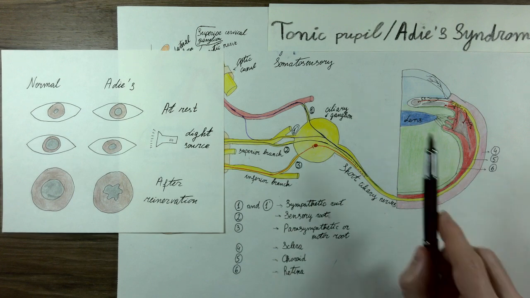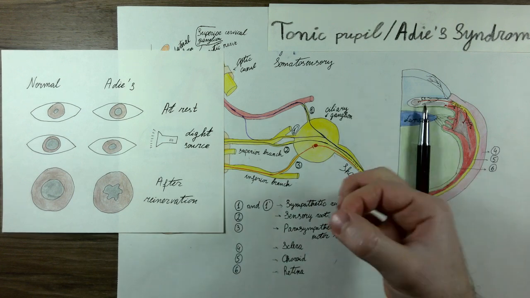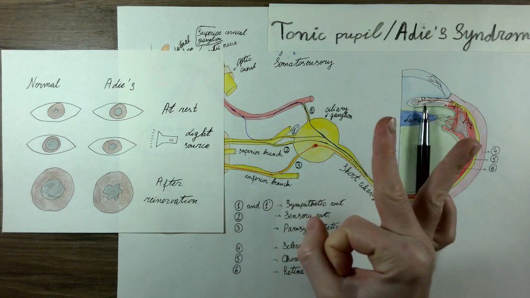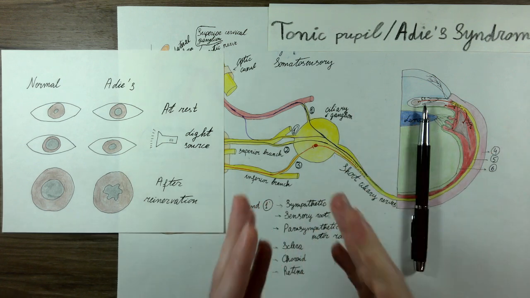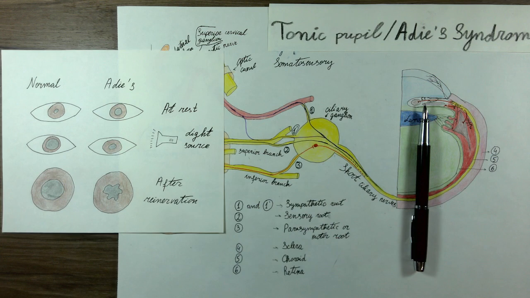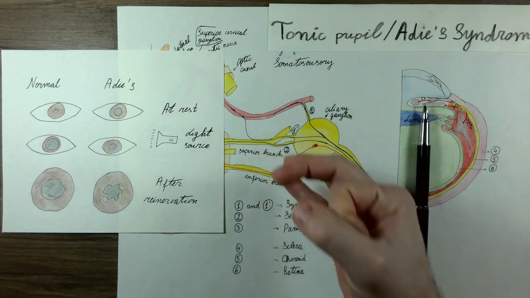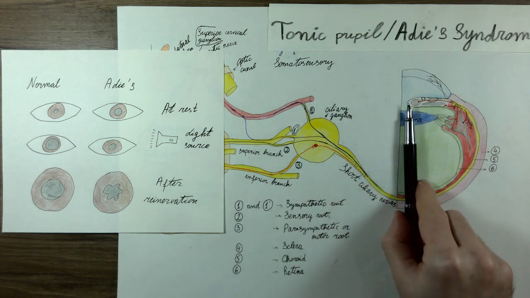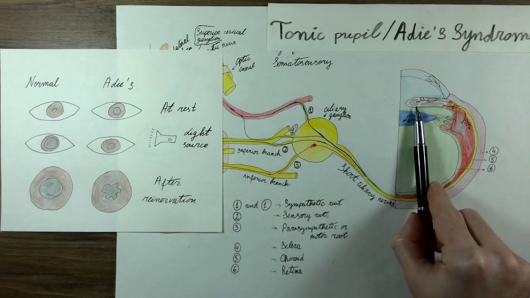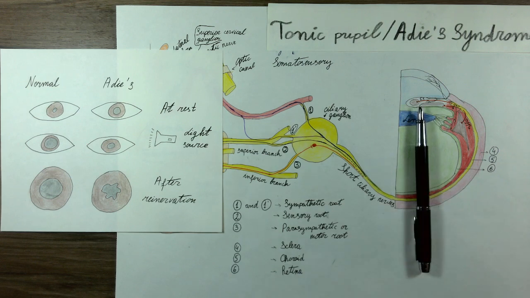Something else, since you know that pupils constrict when they are trying to limit the light access to the eye, mainly when you shine a light source in somebody's eye, they would shrink quite fast. This is something that's called the light response or the light reflex. And the sphincter is the muscle that actually makes the light reflex happen.